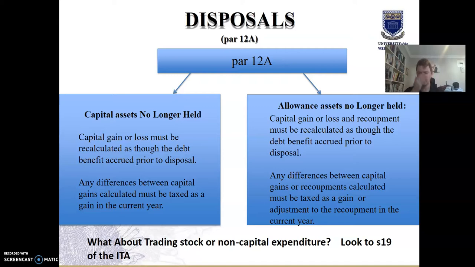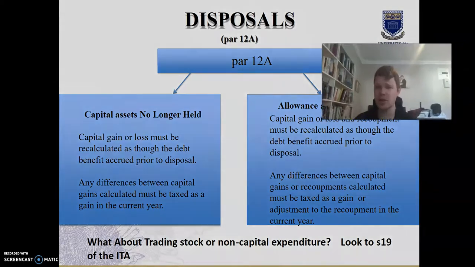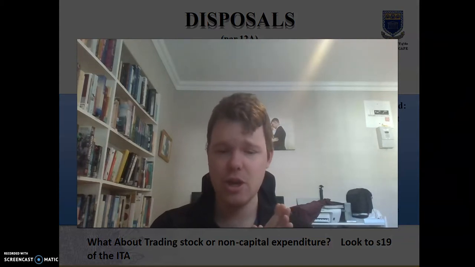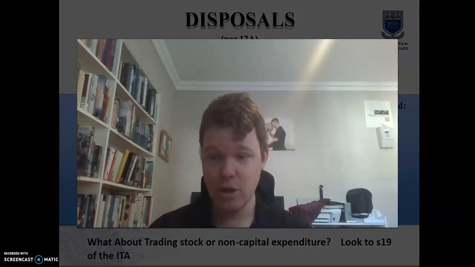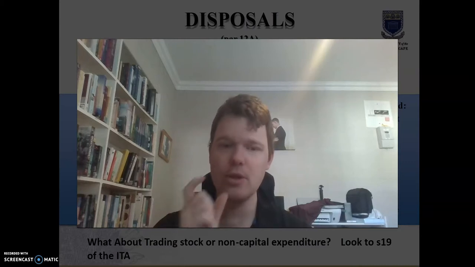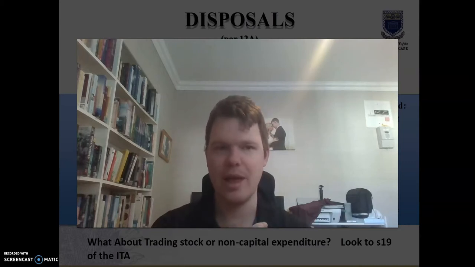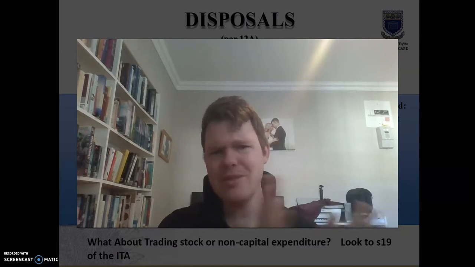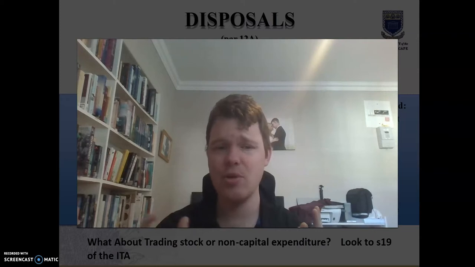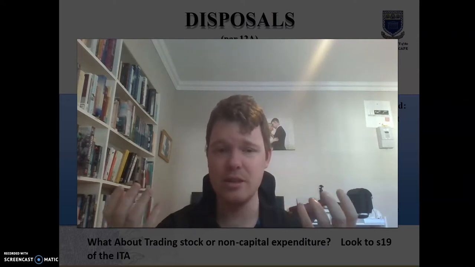What I mean by this, if you sold it last year and you worked out that there was a capital gain of this much, you need to this year go and recalculate that number and taking into account that debt forgiveness, reducing the base cost, and work out what the new capital gain would have been. So if you previously had a capital gain of 100 Rand and you go and work it out now and you have a capital gain of 300, you can see that there's a difference.